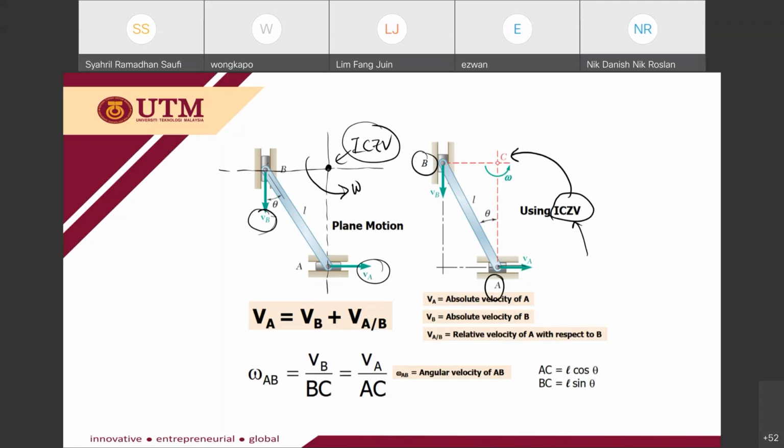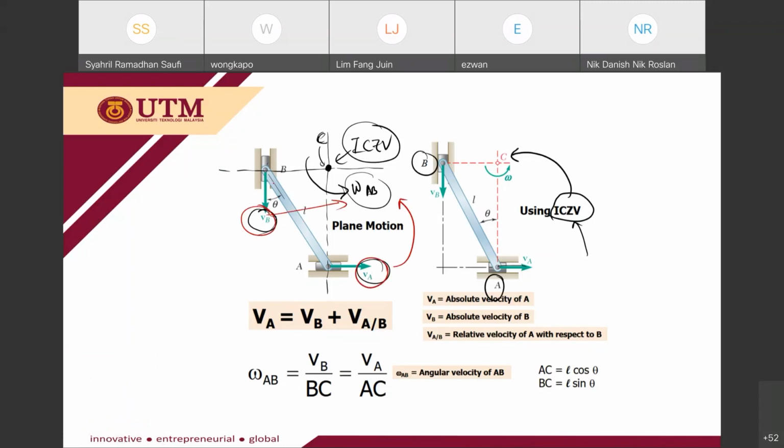At this instant, the rod AB is rotating about this center with omega AB. So you can relate this VB and VA with this omega AB.